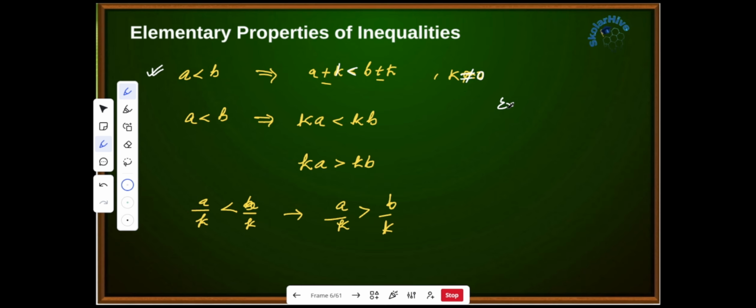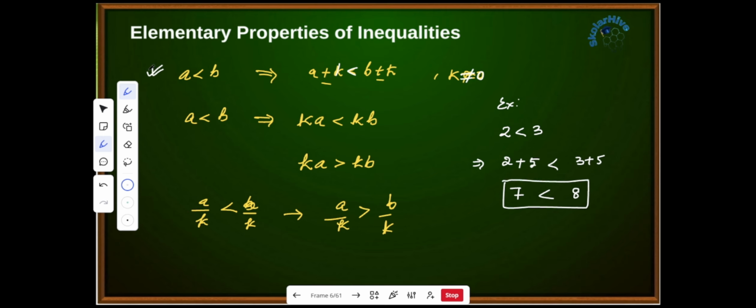For example, take 2 less than 3. If we add 5 on both sides, 2 plus 5 is 7 and 3 plus 5 is 8. Again we get 7 less than 8, so adding 5 on both sides doesn't change the sign of the inequality.